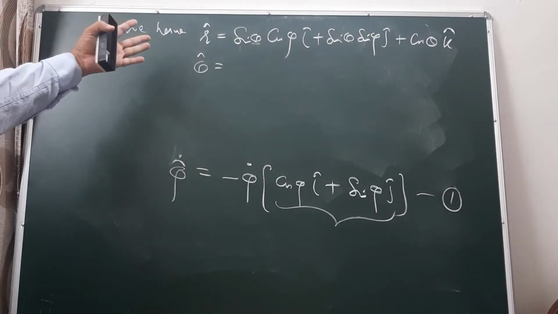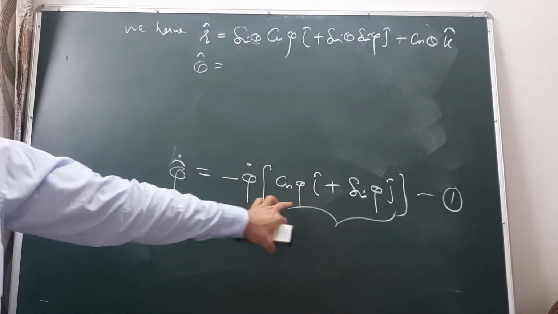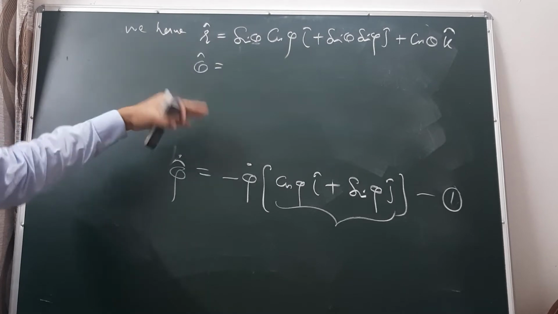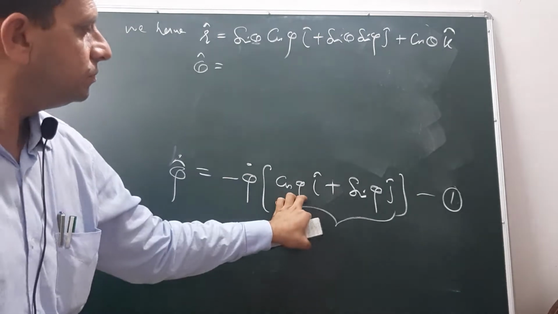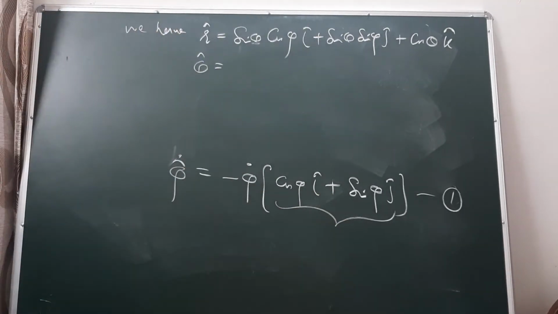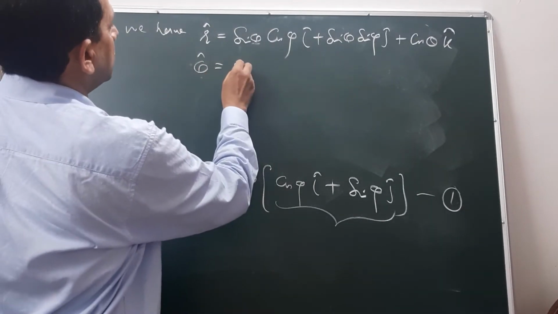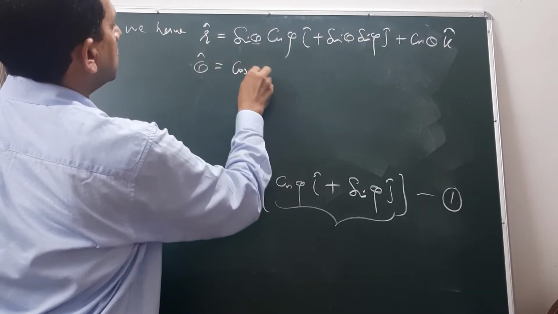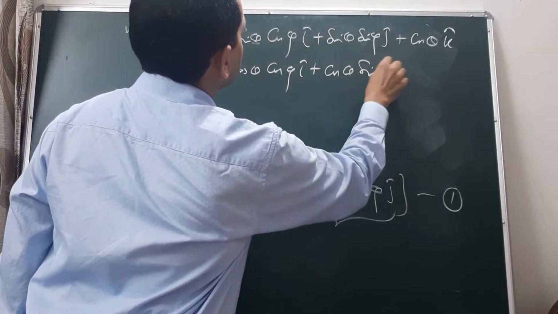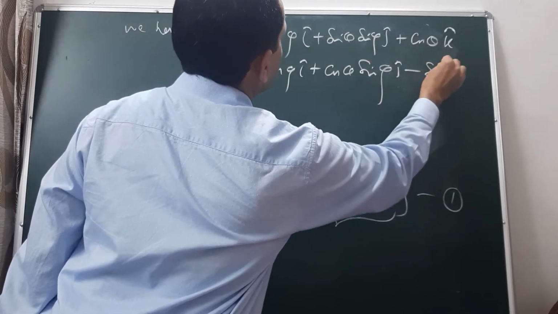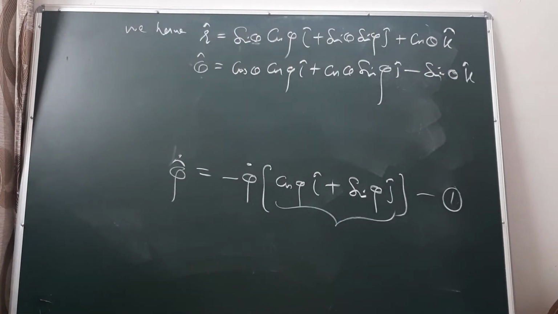I am using these results because we have to prove the right hand side in terms of r cap and theta cap. So, I am using the direct values of r cap and theta cap, then I will convert these terms into r cap and theta cap. Theta cap is cos theta into cos phi i plus cos theta sin phi j and minus sin theta k. This is the value of theta cap.